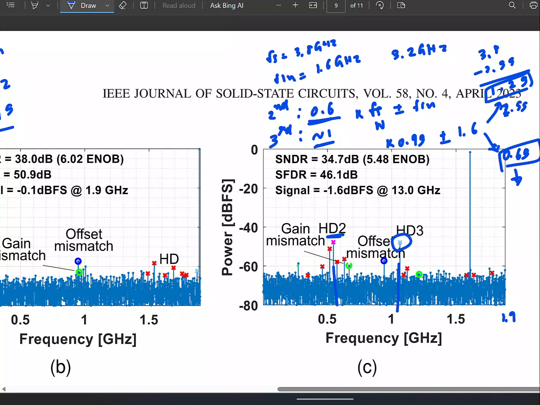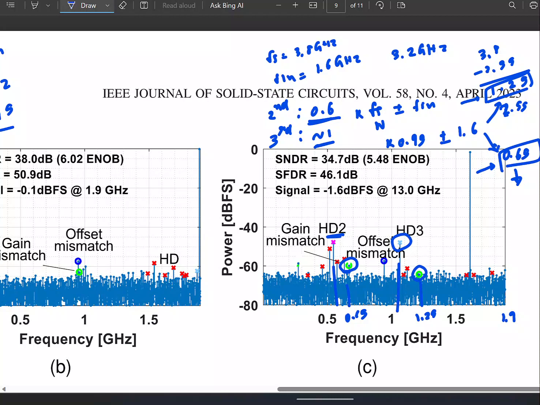And due to gain error or mismatches in the gain, we expect one at 0.65. So the gain mismatch tone is the green one, around 0.65. And the second tone is supposed to be at roughly around 1.25.